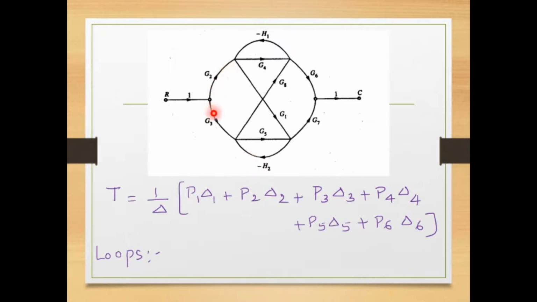It starts from this point: G1, minus H2, G8, minus H1. This is one loop. So we have 3 loops here, total 3 loops.